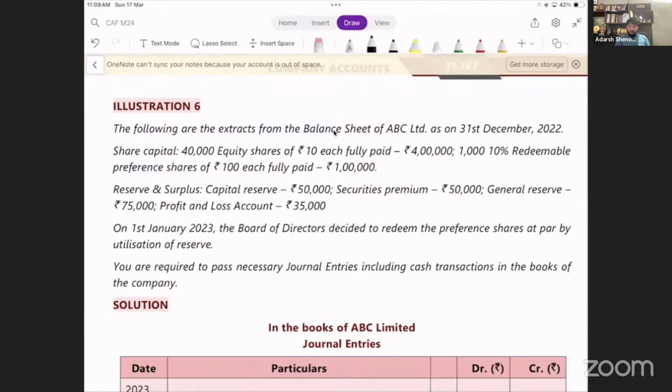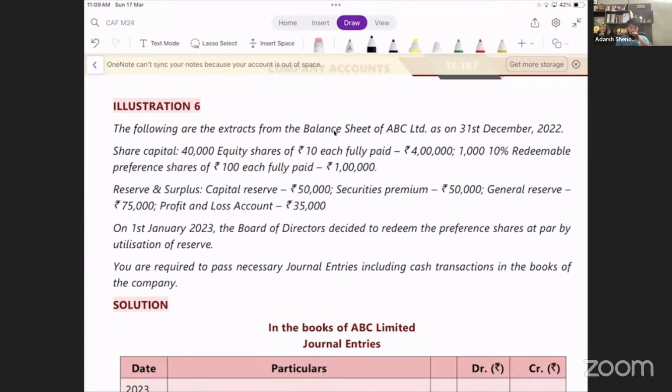The following are the extracts from the balance sheet of ABC Limited as on 31st December 2022. Share capital: 40,000 equity shares of rupees 10 each, fully paid, 4 lakhs; 1,000 10% redeemable preference shares of rupees 100 each, fully paid, 1 lakh.